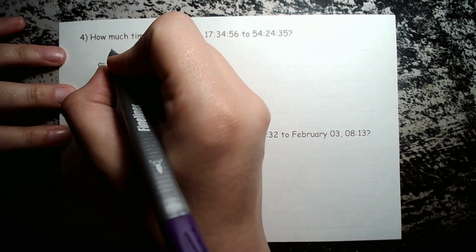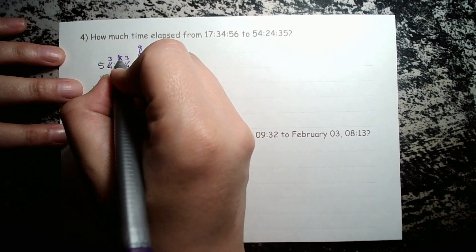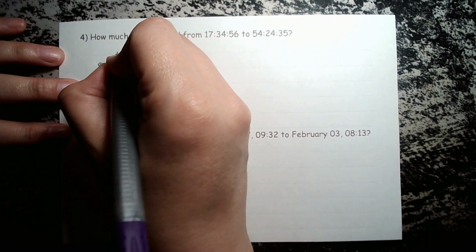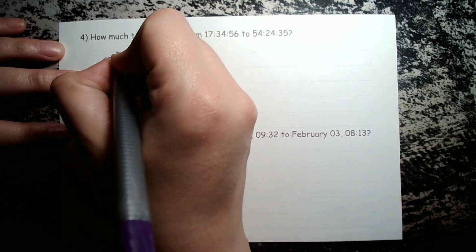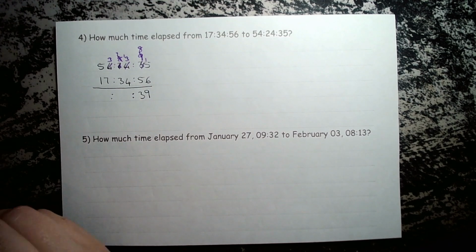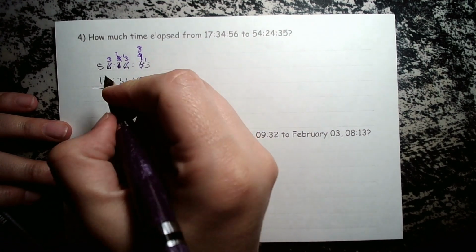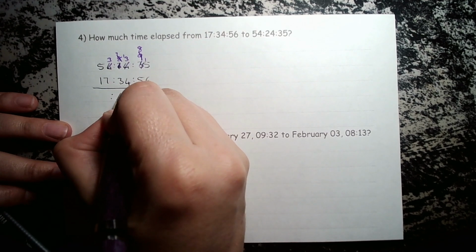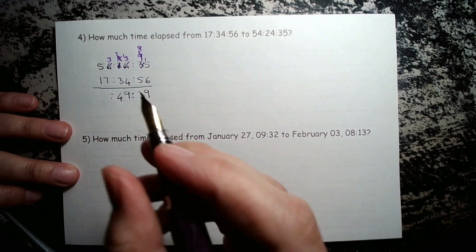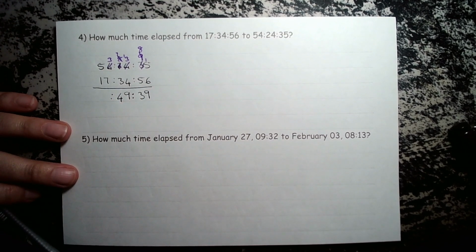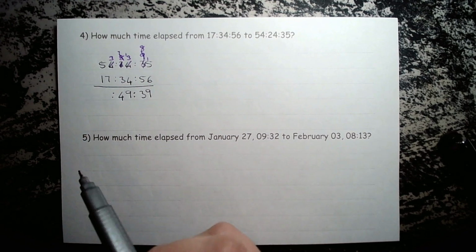3 minus 4, we can't. We would need to go and borrow 1. Now this is within our minutes, so that would be a 7, and that would be a 13. 13 minus 4 leaves us 9. 7 minus 3 leaves us 4. 53 minus 17. 3 minus 7, we can't.